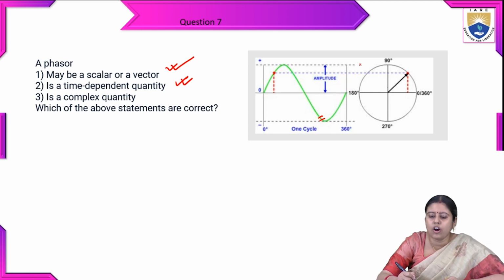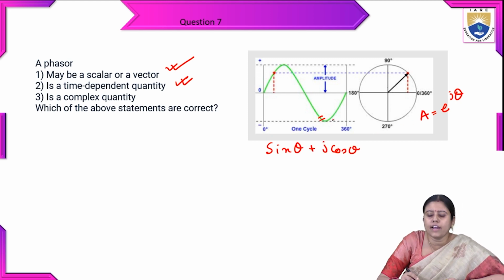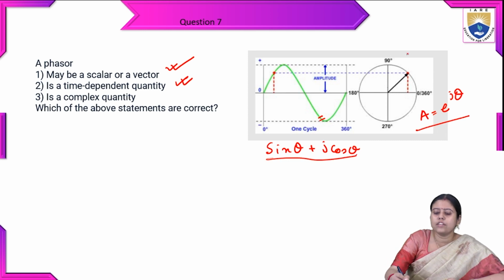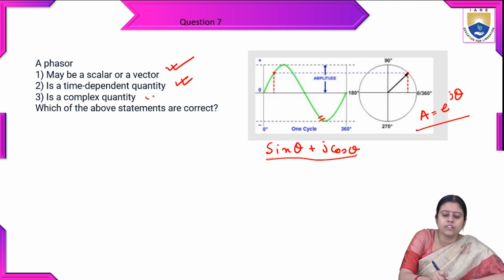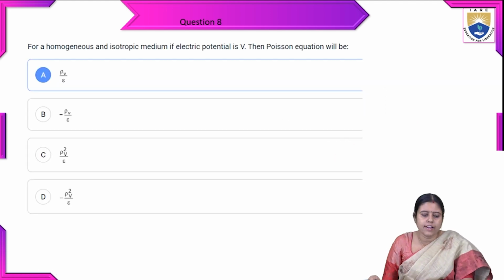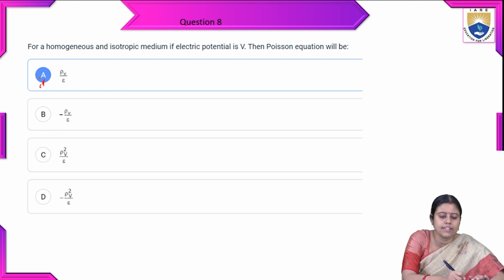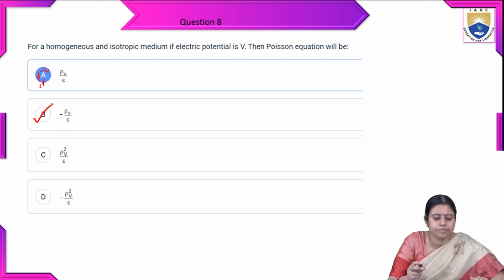If we want to draw a phasor of a circle, A is equal to e to the power j theta, and e to the power j theta is nothing but cos theta plus j sine theta. So we can understand this is a complex quantity. So all the three statements are correct. Here the answer is wrong. Actually the answer will be B.